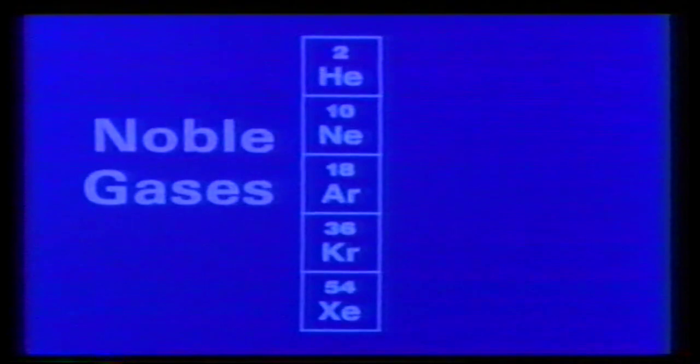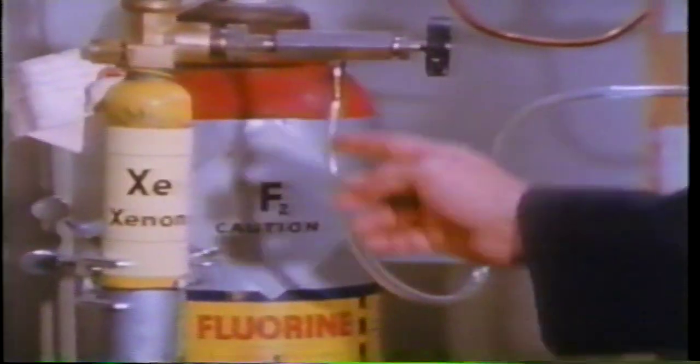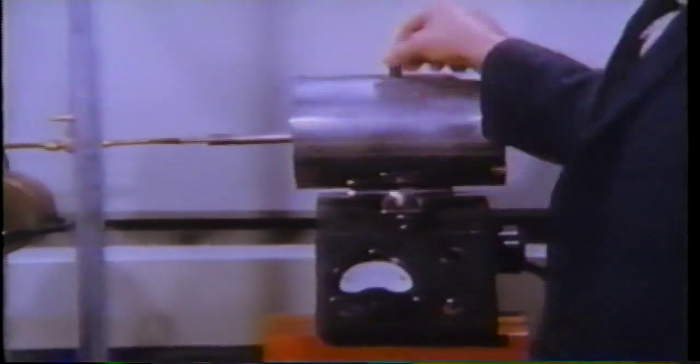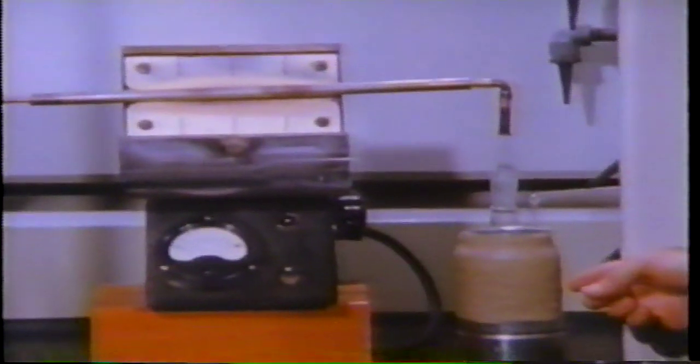In the early 1960s, chemists tried mixing xenon and fluorine in equipment such as this. The mixture of xenon and fluorine passes through a nickel tube heated to 400 degrees Celsius. A white solid product collects in this cold trap.